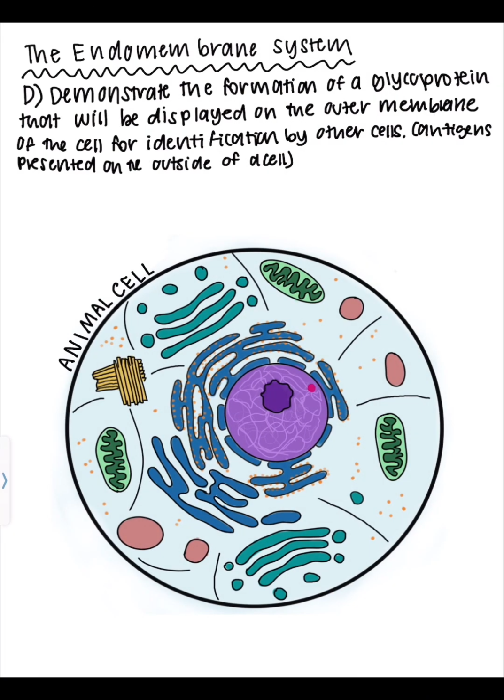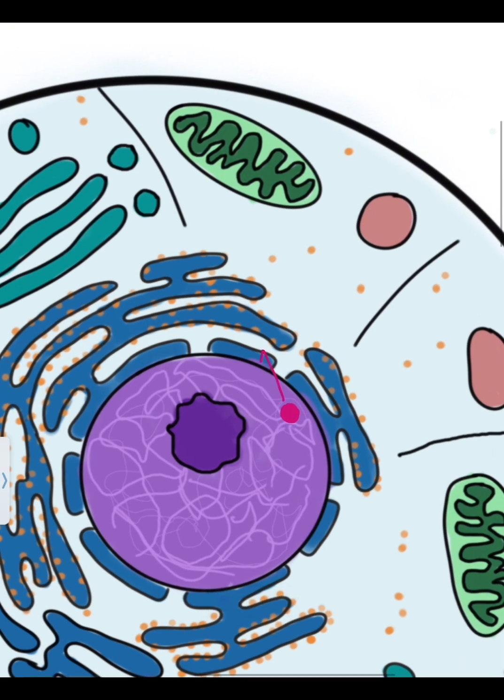Lastly, let's explore how glycoproteins, such as cell surface antigens, are formed and transported to the cell membrane. The glycoprotein is also synthesized in the rough ER, where it undergoes glycosylation. And this is essentially the attachment of sugar molecules.